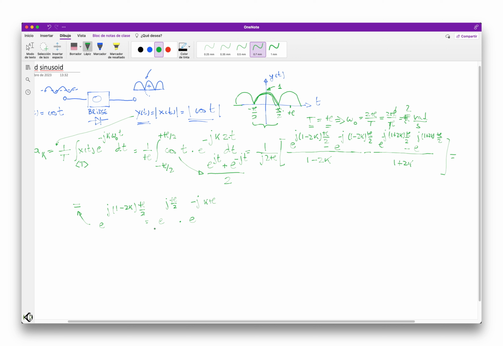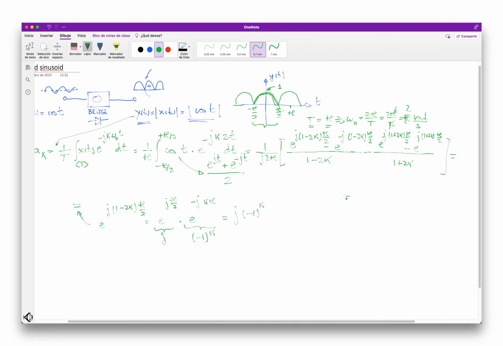Here you just realize that the exponential of jπ/2 is j, and the exponential of minus jkπ you can see is (−1)^k, because what you have is the exponential of minus jπ to the k, and e^(−jπ) is minus 1. You should be aware of that from your classes in complex algebra. So in summary, this exponential goes into j times (−1)^k.